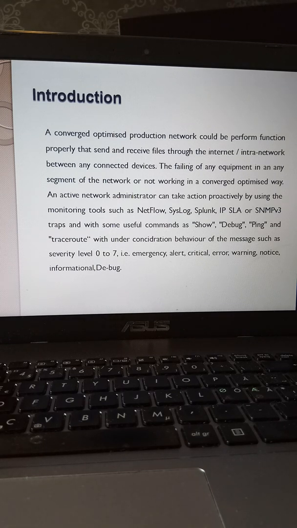Active network administrators can take action proactively by using monitoring tools such as NetFlow, Syslog, Splunk, IP SLA, and Simple Network Management Protocol version 3 traps, and can use useful commands like show, debug, ping, and traceroute, considering the behavior of network messages: emergency, alert, critical, warning, and information.